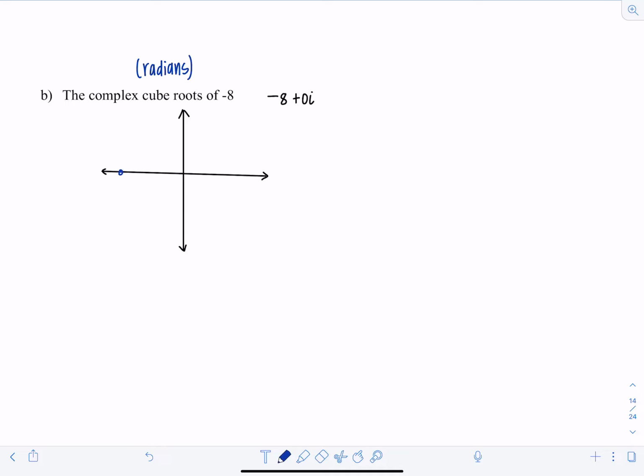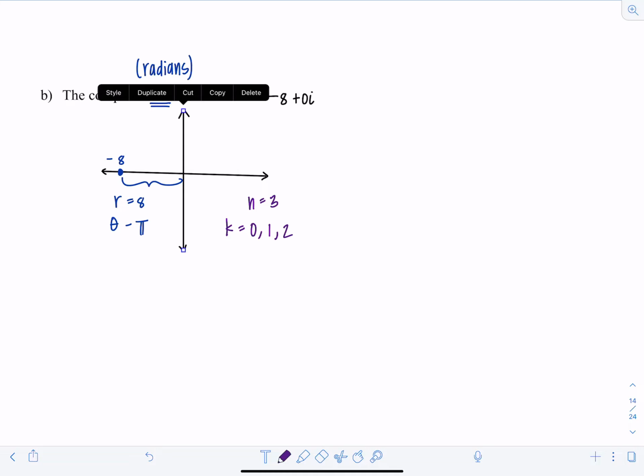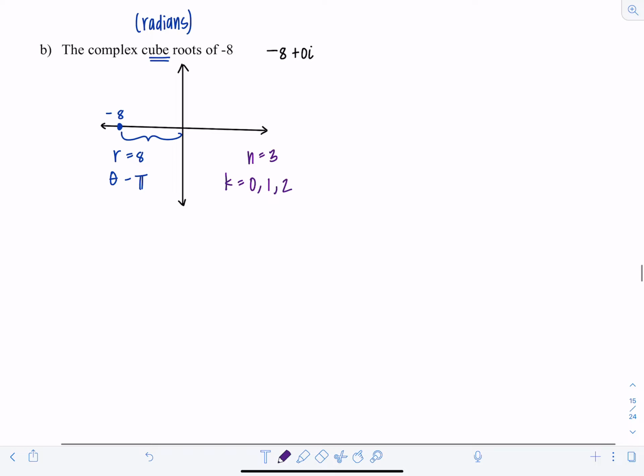That would be over here, on the negative x-axis. r is equal to 8, and theta would be pi. Okay, and if we want the cube roots, then that means n is equal to 3. So k is going to vary starting from 0 up until 2: 0, 1, and 2.